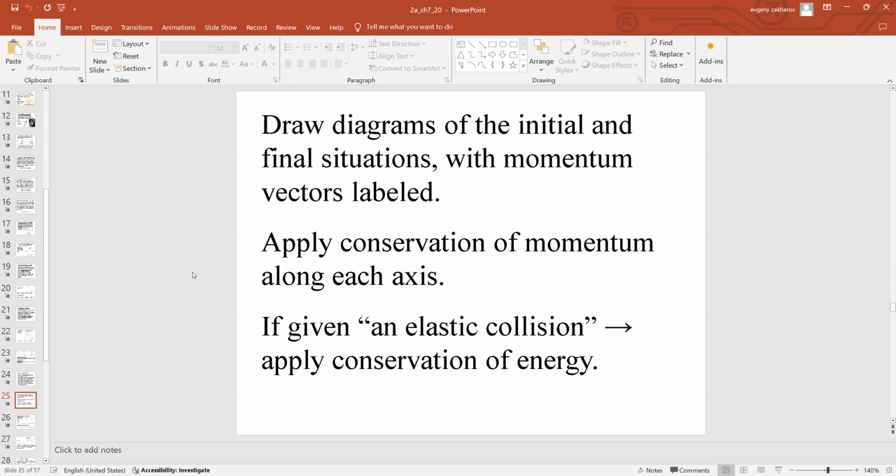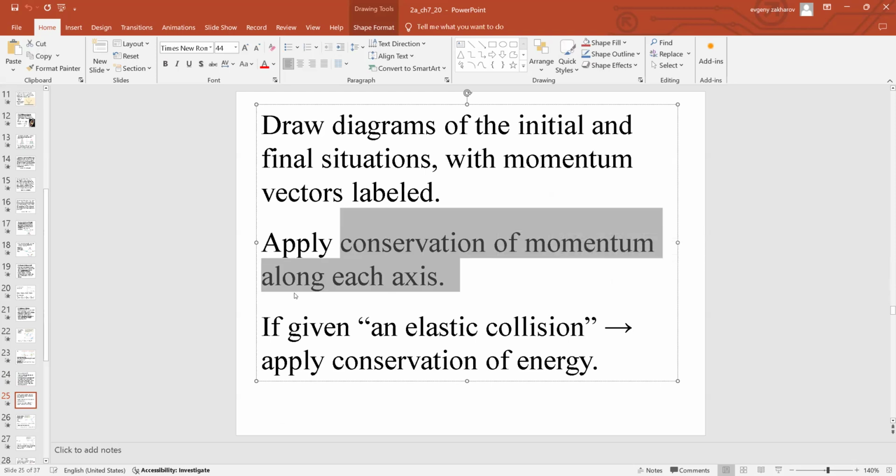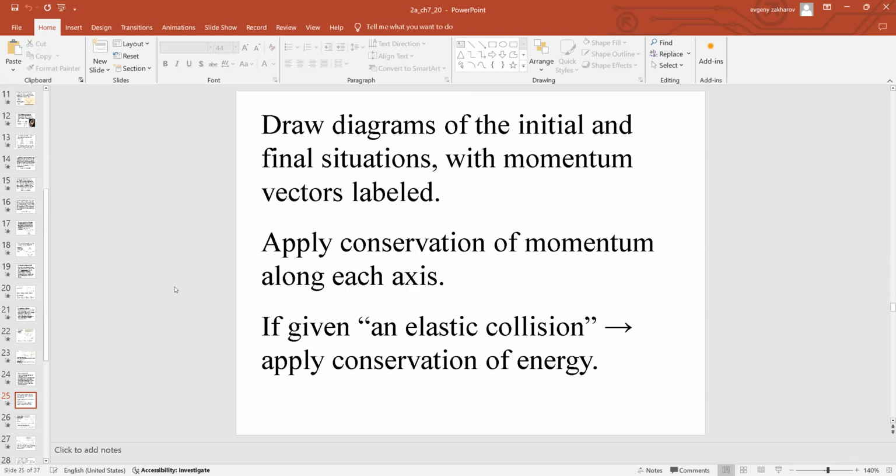And in order to determine that angle, you have to draw a diagram, show the reference angles, and good news, you still apply conservation of momentum for each axis because the total momentum stays constant. There might be a change in x direction, there might be a change in y component, but the overall change has to be 0 compared to the conditions before the collision.